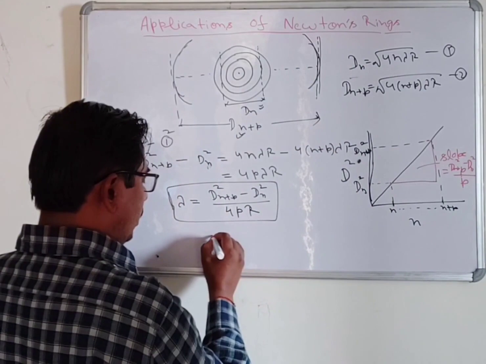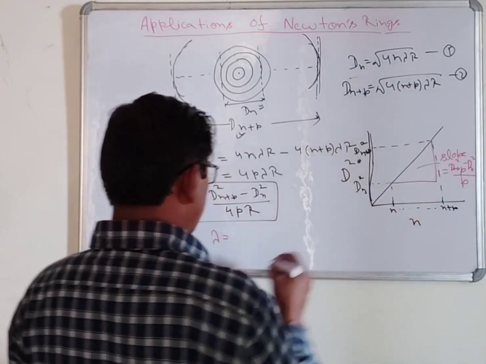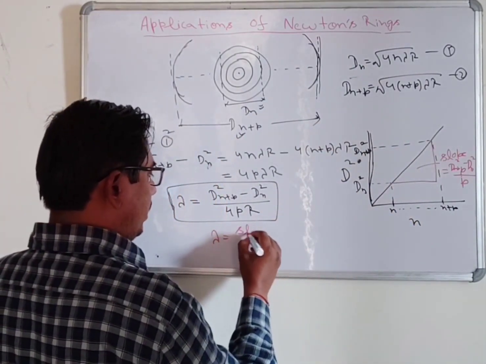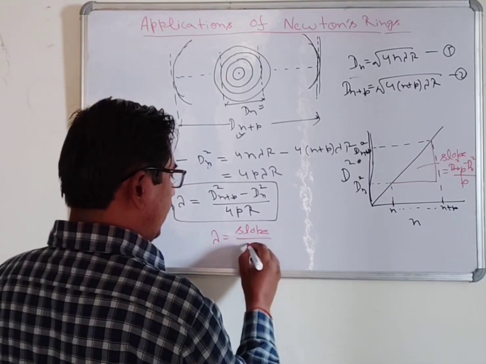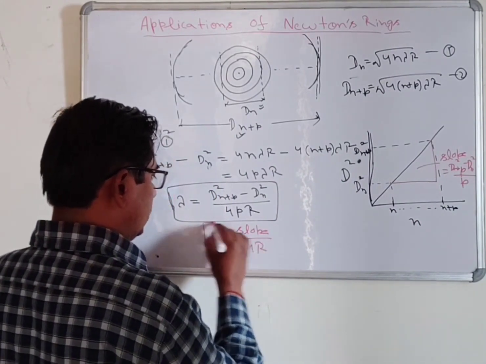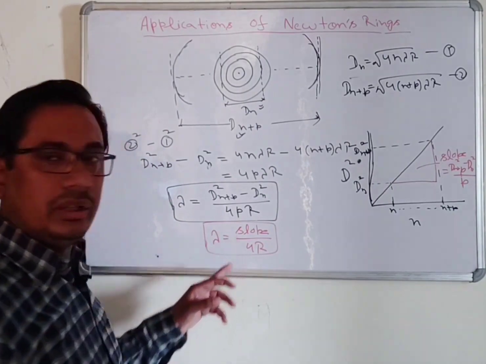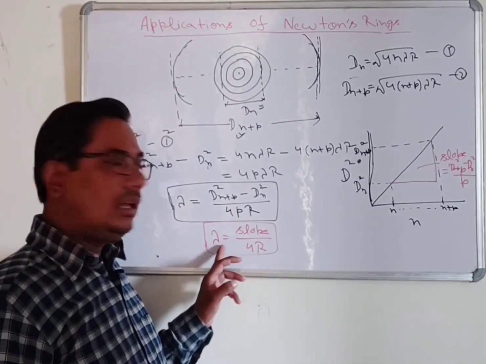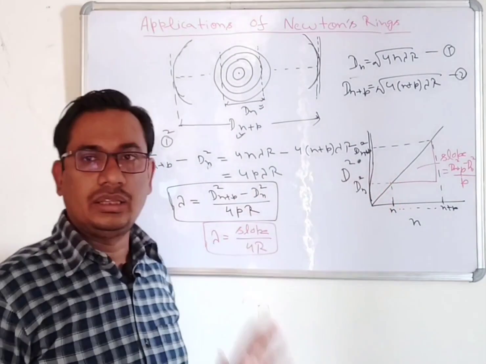It means that if you know the slope of this line, you can calculate the wavelength of light, lambda equals slope divided by 4R. You know the slope, so you can calculate the wavelength of the light from the graph also.